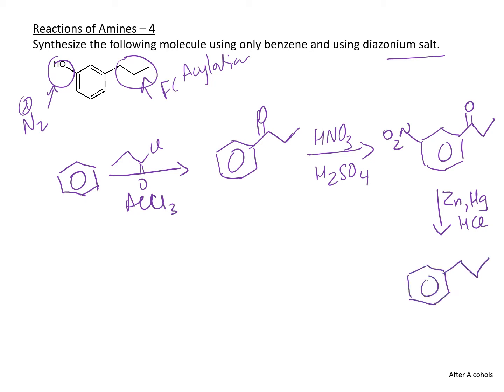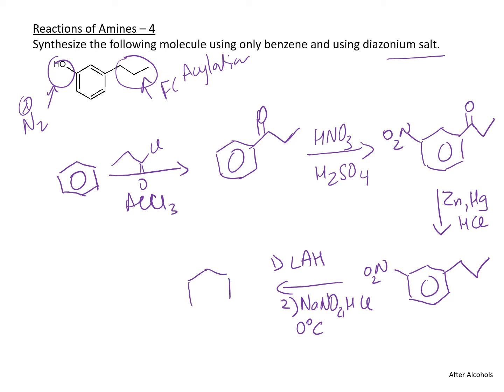So my propyl group is all set. Now I have to work on my nitro group, and for my nitro group, I'm going to reduce that. And I'll do my diazotization right here, which means NaNO2, HCl at 0 degrees Celsius.